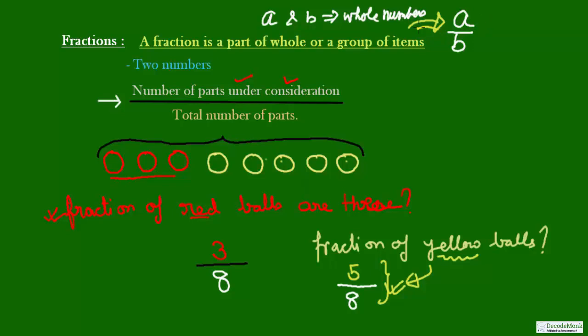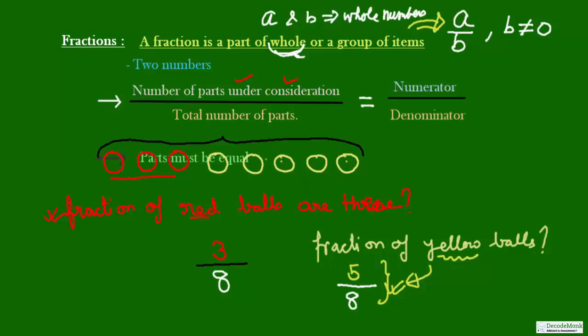I will also discuss later that b should not be equal to 0, because if you are considering a part of a whole, then this whole can never be nothing, that is 0. This is how we can represent any fraction: a upon b, where a and b are whole numbers.